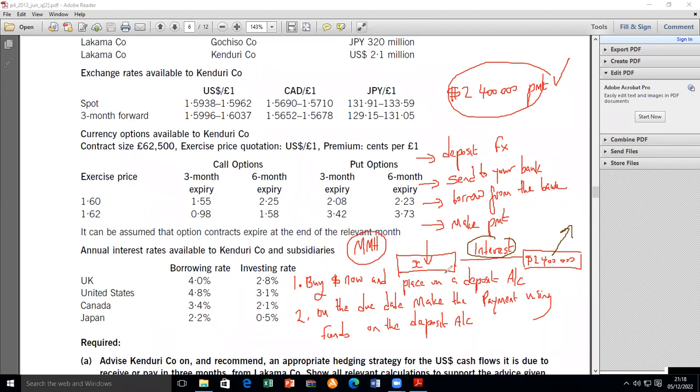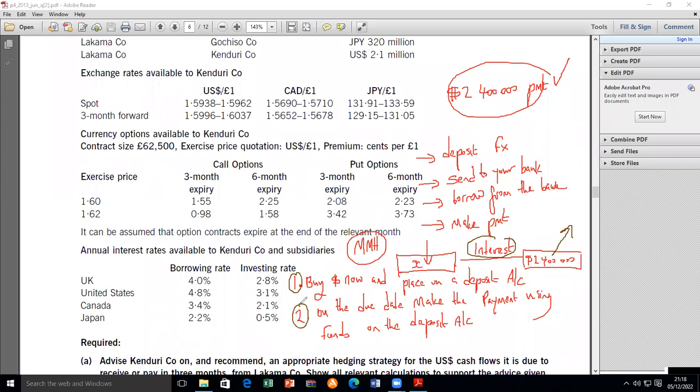I would be very happy if you can adopt this approach when you're explaining. Just explain saying that if I'm making a payment in dollars, I'm going to buy my dollars today and put them on an account so that I can accrue some interest. And when the date comes to make the payment, I'll use the funds, including the interest, to make the payment.